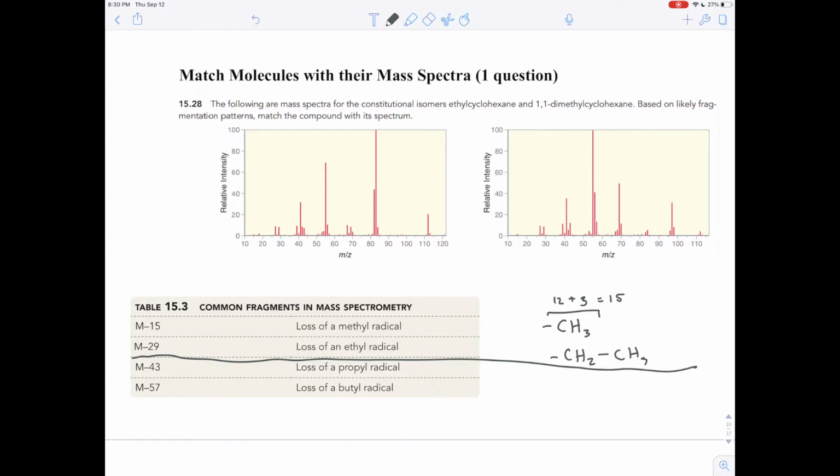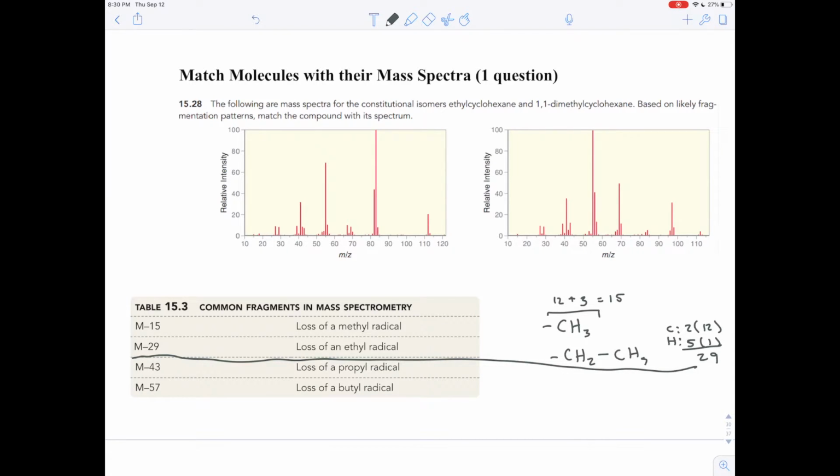Similarly, an ethyl group has 2 carbons, each carbon is 12, so that's 24. And it has 5 hydrogens, each hydrogen is 1, so that's a total of 29 mass units, AMU, in an ethyl group.